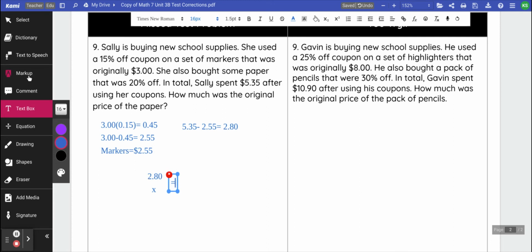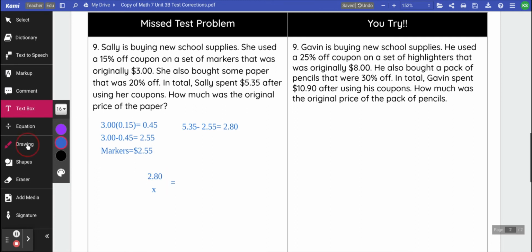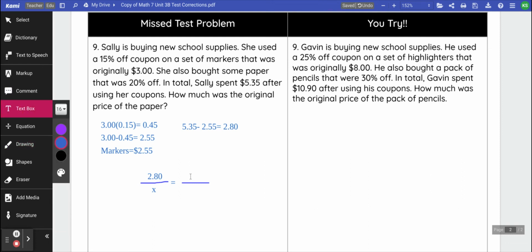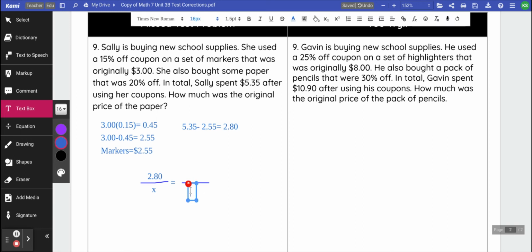Let me just draw a line really quick underneath this. Oh, my straight lines aren't as bad as they used to be. So we're going to do our other ratio right over here. Oh, that one was a lot better. Let's put in the other stuff that we know. Because the percentage is 100 here, the original cost is going to be 100%. They got a discount of 20% off.